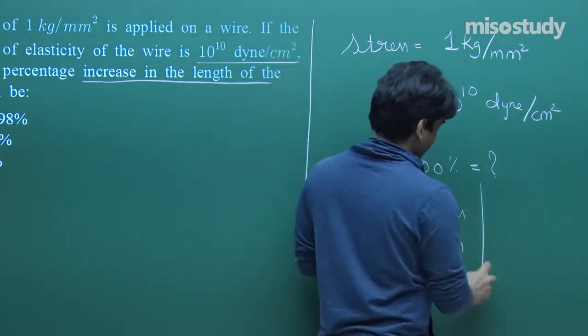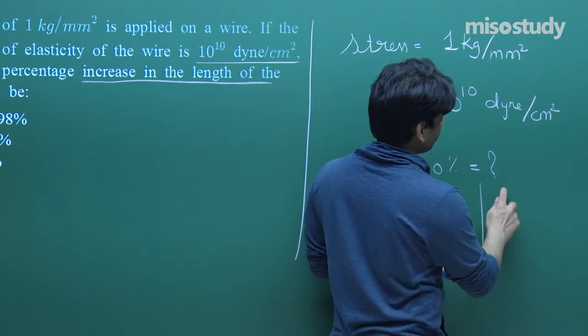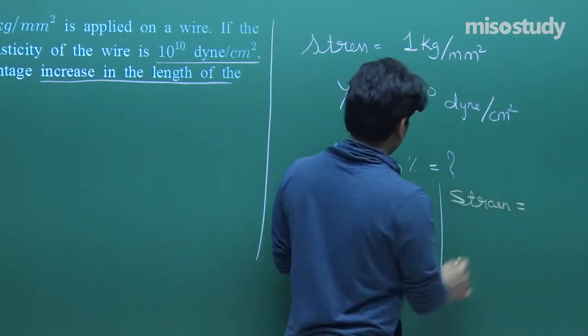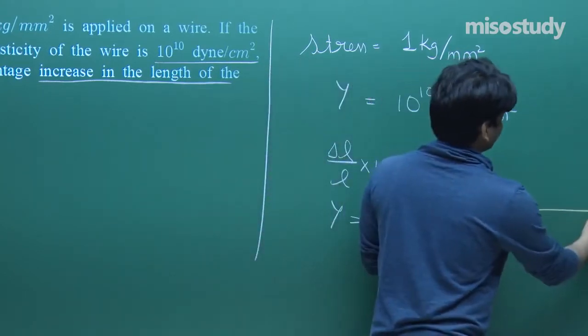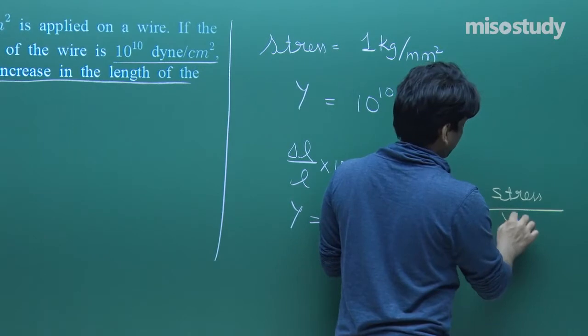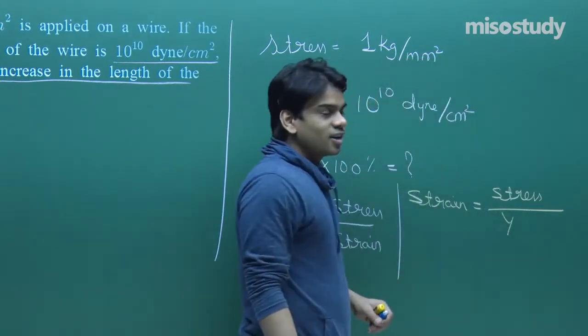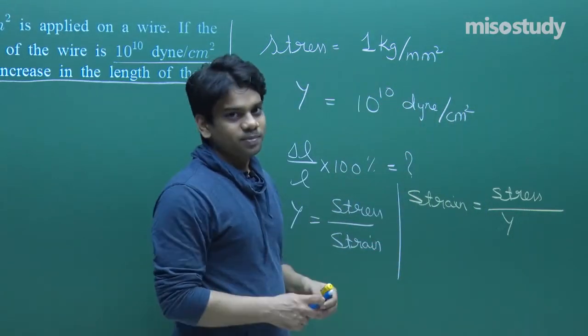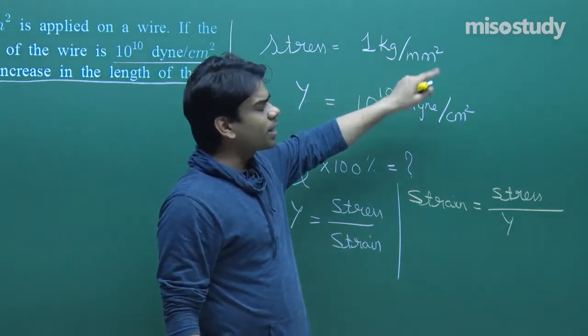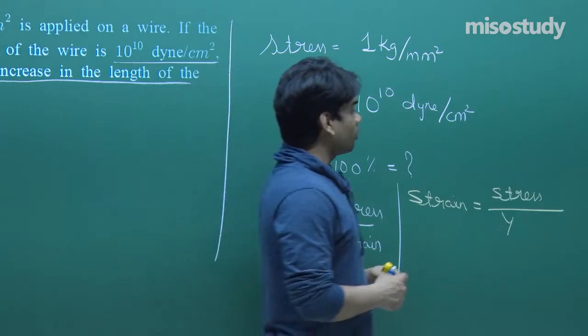So from here, if we try to find the value of strain, it will come out to be stress divided by Young's modulus Y. Now stress is 1 kg per square mm. Can we write this as 1 kg, and convert square mm into centimeters? See what we are going to get.